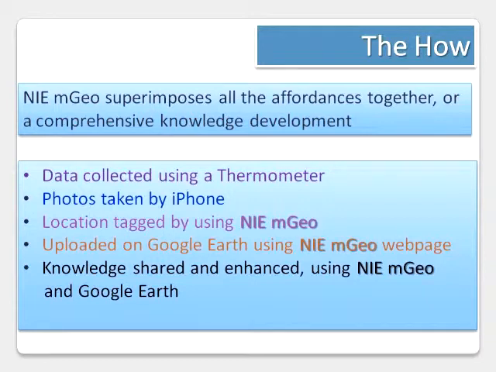The iPhone has a tagging facility, but mGeo facilitates it to be attached to a certain map and uploaded on Google Earth using the mGeo web page. And then, of course, the sharing of the knowledge is using mGeo as well. So mGeo is quite pervasive in its usage, in the affordances that it has built in.